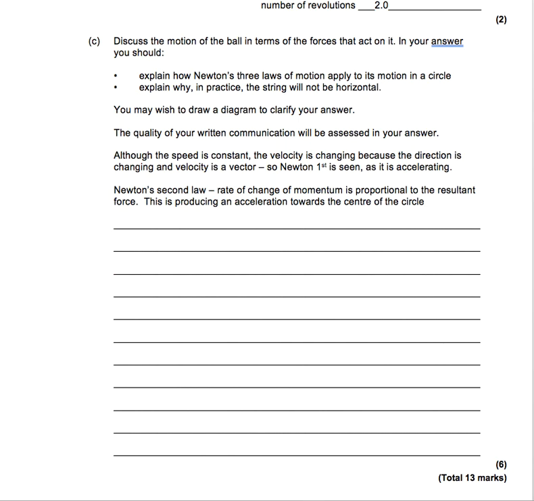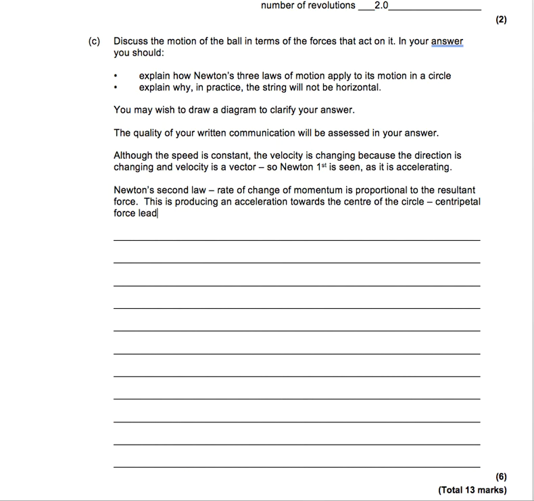This is producing an acceleration towards the circle. This is our centripetal force. There we go, did it correctly for the first time. So there's our second law.